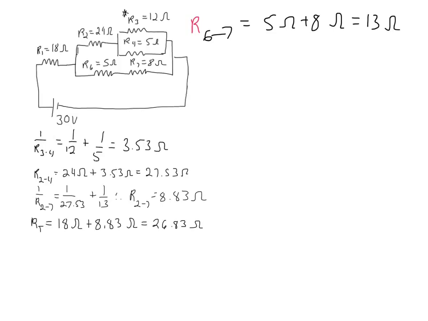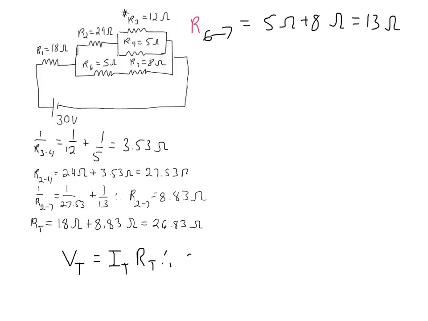Our next step is going to be to find the total current in the circuit. So we're going to find the current flowing through the whole circuit, the current coming out of the battery, and it splits up here, but then it comes back, and that's the same as the current going back into the battery. So we're going to say total voltage equals total current times total resistance.